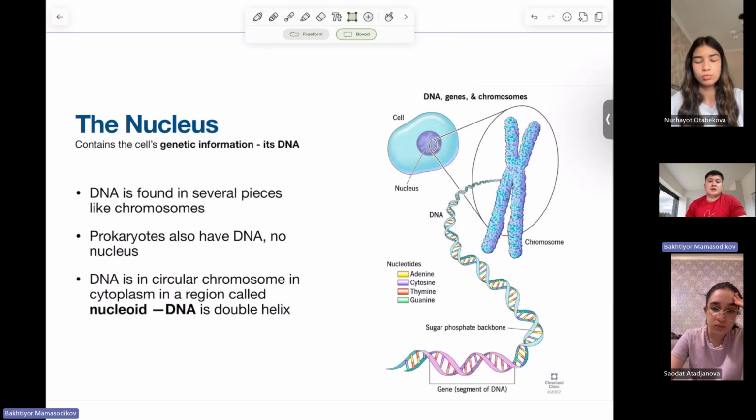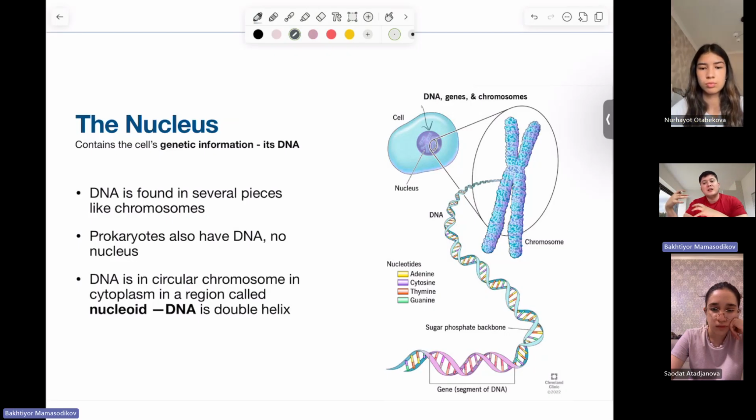So in eukaryotic cells, we have the nucleus. In prokaryotes, we don't have the nucleus. Both eukaryotes and prokaryotes have DNA. DNA in eukaryotes is located inside the nucleus, but DNA in prokaryotes is located inside the nucleoid, which is in the cytoplasm.